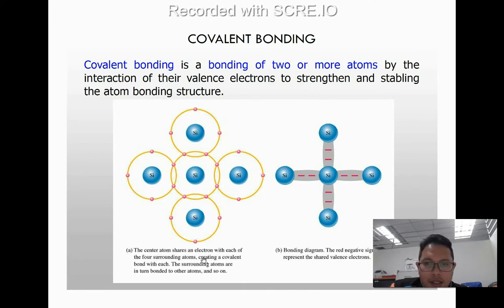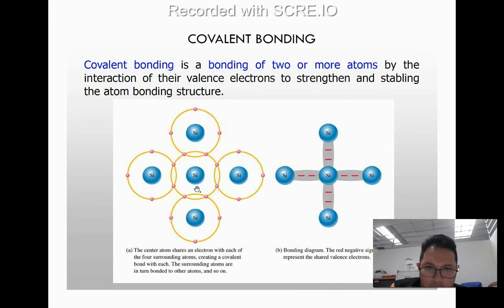Normally, the center atom shares electrons with each of the 4 surrounding atoms. Here this is silicon, sharing with 4 different silicon atoms, creating 1, 2, 3, 4, which is a total of 8 electrons covalently bonded with each other. And then the surrounding atoms turn into bonded atoms and so on.